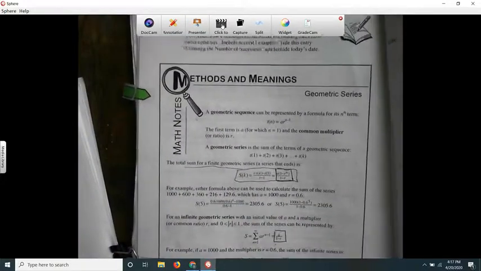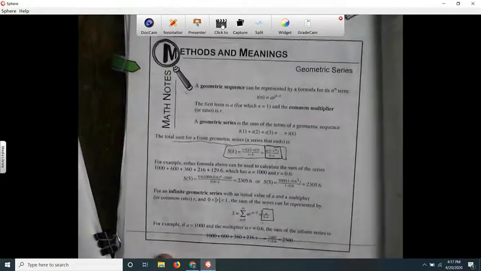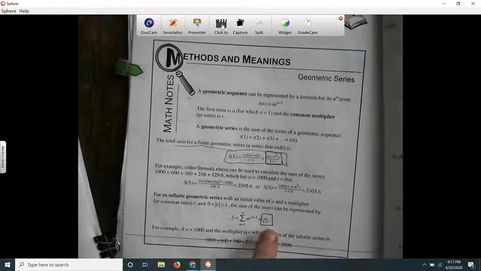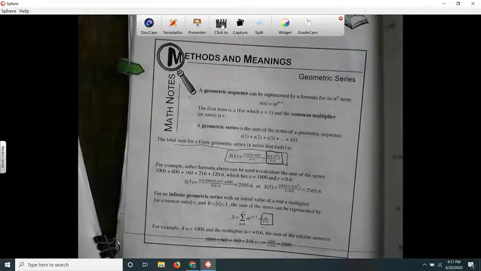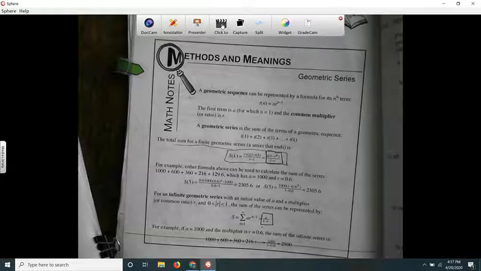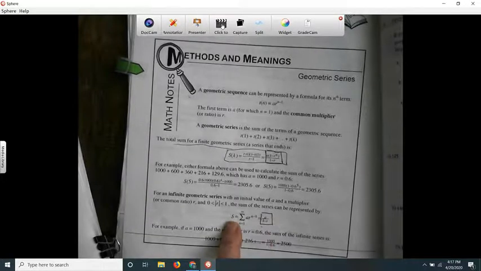I don't know what page it's on in your book, but it's in a math notes box, and it's right down there. Okay, so for an infinite geometric series with an initial value of A and a multiplier or common ratio R, where R is between 0 and 1, the sum of the series can be represented by this.